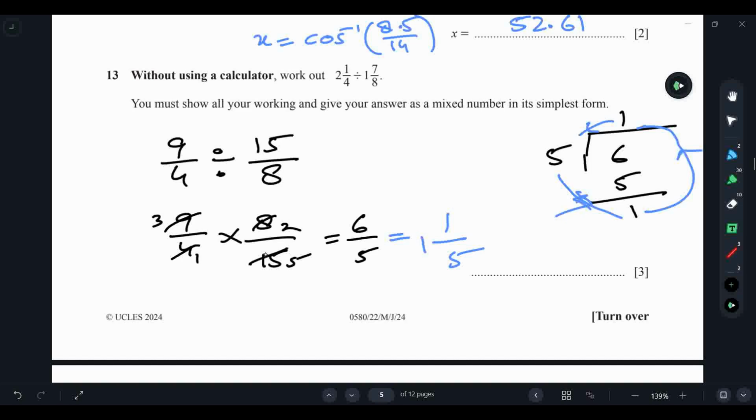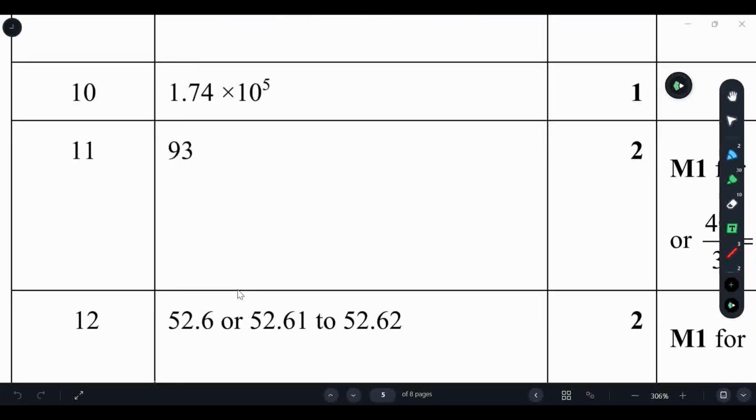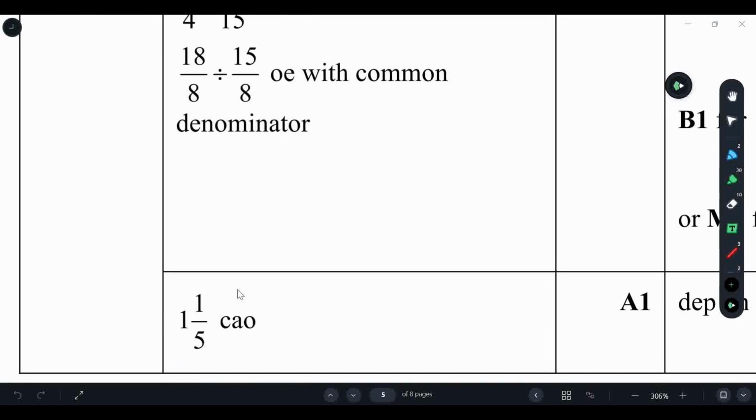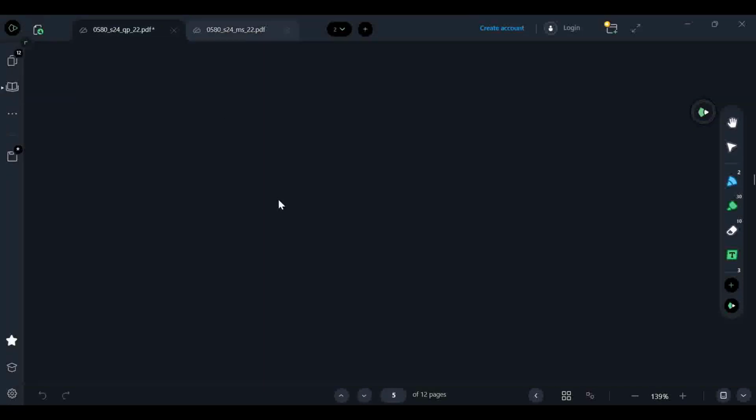So 1 1/5 will be the answer in mixed fraction. Let me check the answer. Yes, it's 1 1/5. We can see the working and marking scheme also over here.